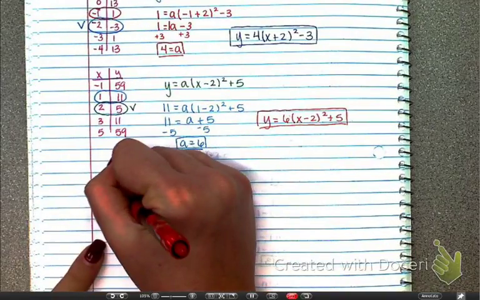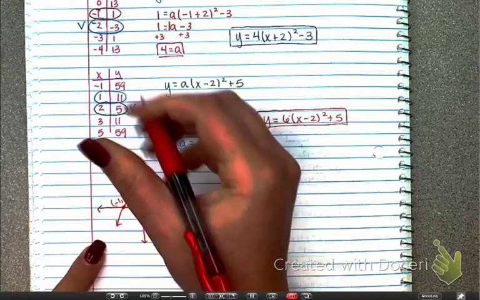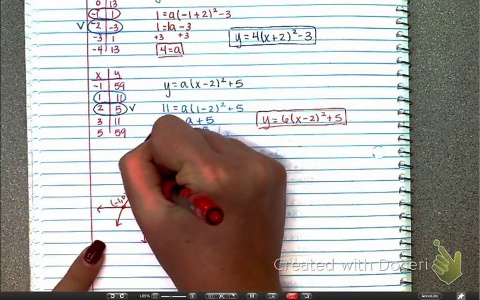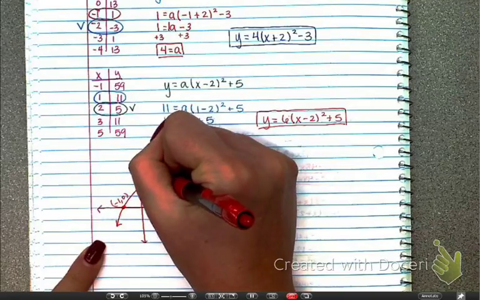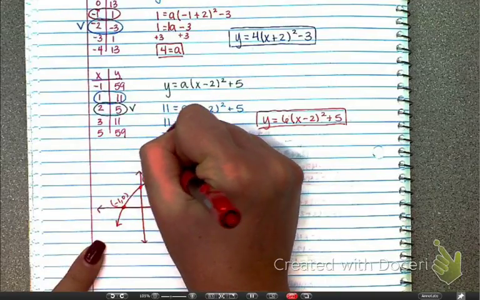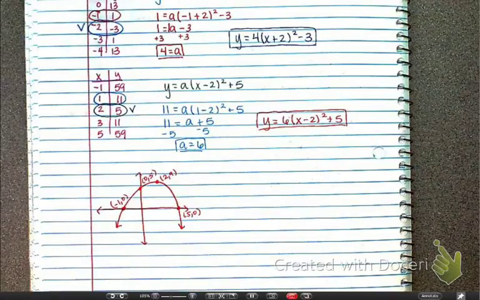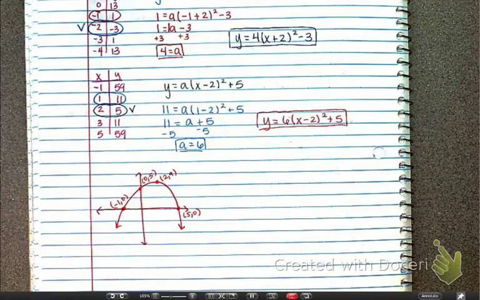Negative 1, 0, 0, 5. And mine's just a sketch, so it's not perfectly drawn to scale, just FYI. Okay, but here's my graph. Again, it's a sketch, and it's not a fabulous one, but it'll work.